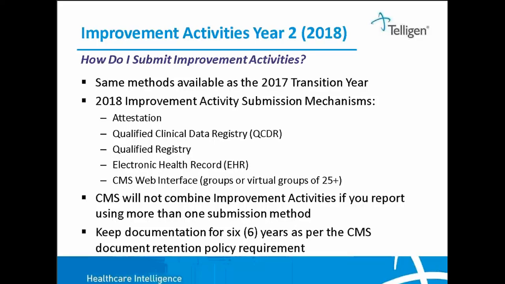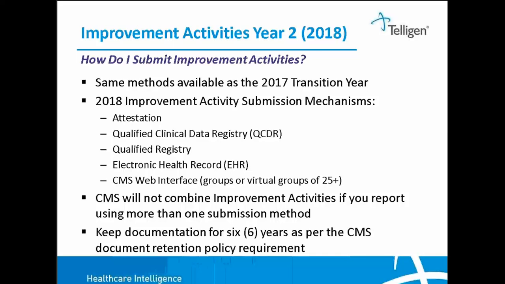Please note that CMS is not going to combine improvement activities if you report using more than one of those submission methods, however. An important piece of this improvement activities is that you keep your documentation to support and substantiate the improvement activities you chose.